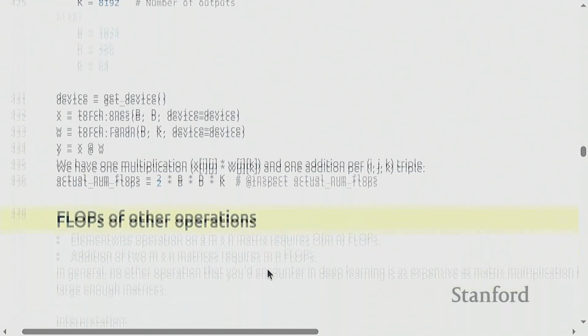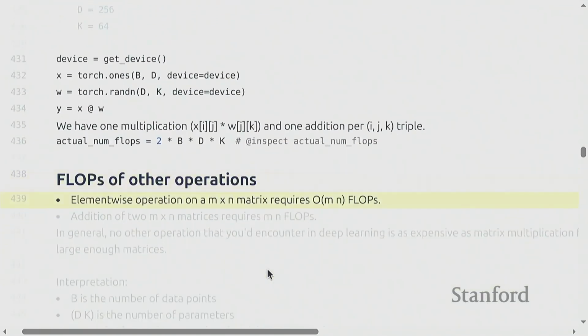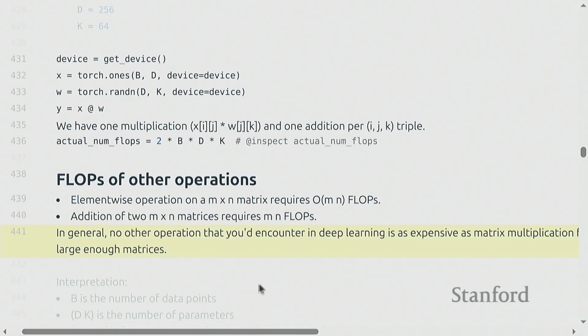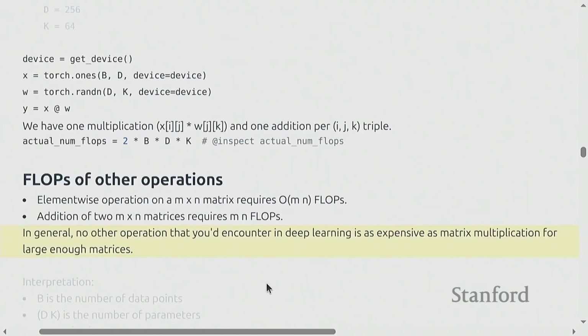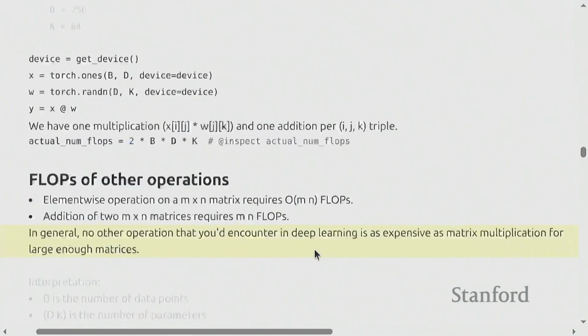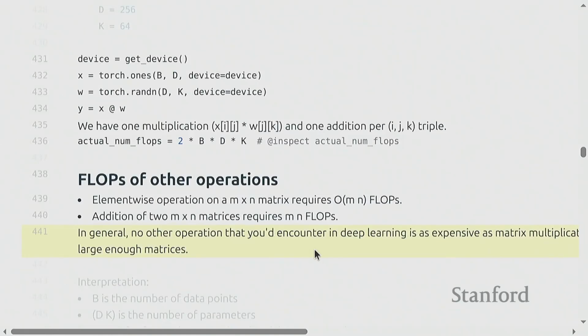The flops of other operations are usually linear in the size of the matrix or tensor. In general, no other operation you encounter in deep learning is as expensive as matrix multiplication for large enough matrices. This is why a lot of the napkin math is very simple, because we're only looking at the matrix multiplications performed by the model.